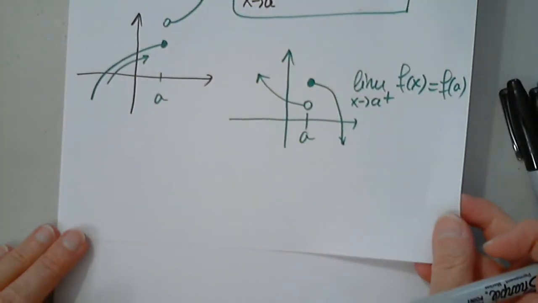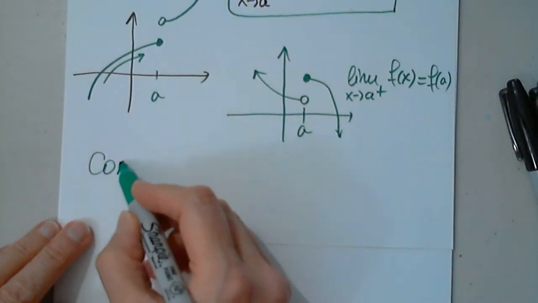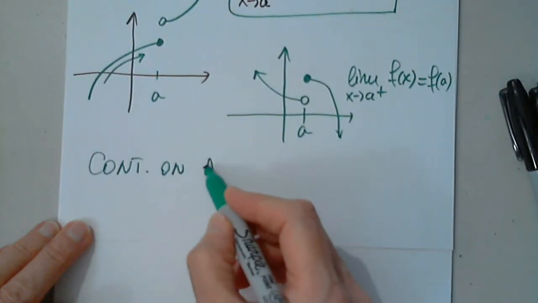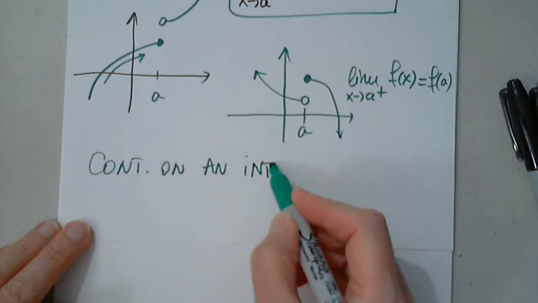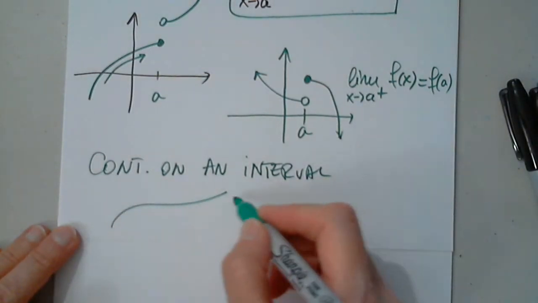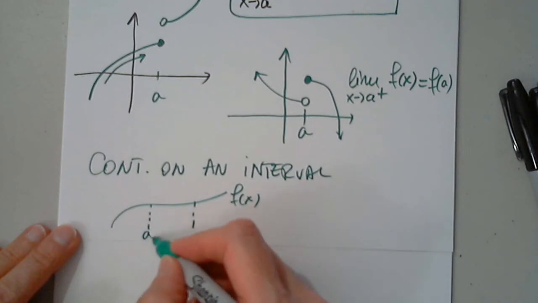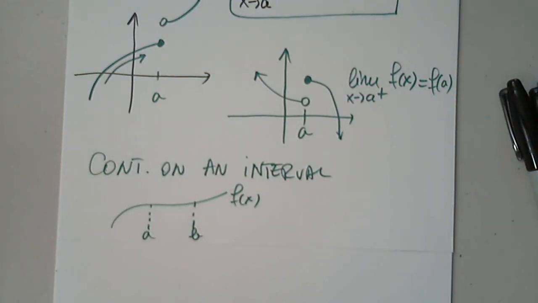And one more thing before we look at examples: continuity on an interval. So what do you think about this function? Can I say that it is continuous between a and b? Yes.